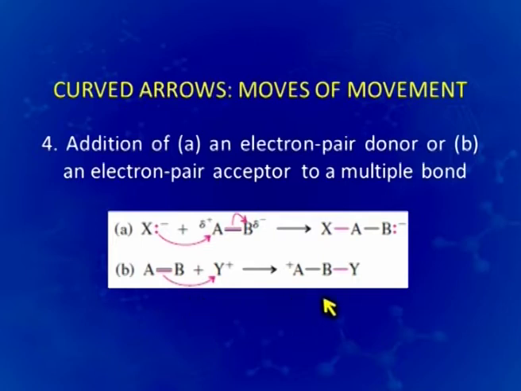In one case, depicted as A, we have an electron pair donor giving to the one which is electron deficient, while in this particular case we have a double bond which is electron rich, giving electrons to a positively charged species and thus leading to the formation of a bond and the product in these reactions.